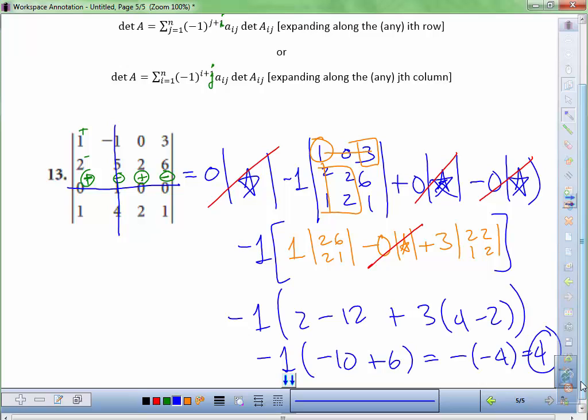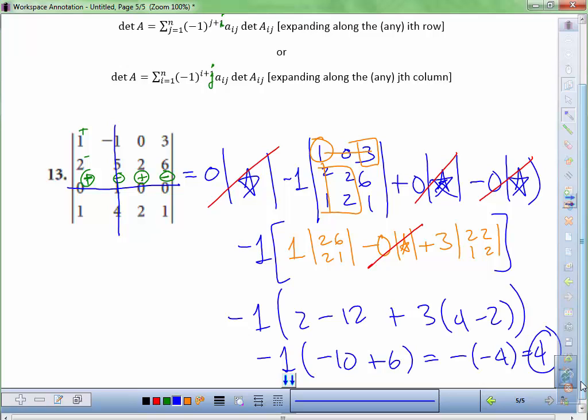So, determinant is some special operation with a matrix that takes a matrix and gives you a scalar, a value, a number. And so there are special properties that we probably should consider, especially when we start combining matrices, like adding matrices.